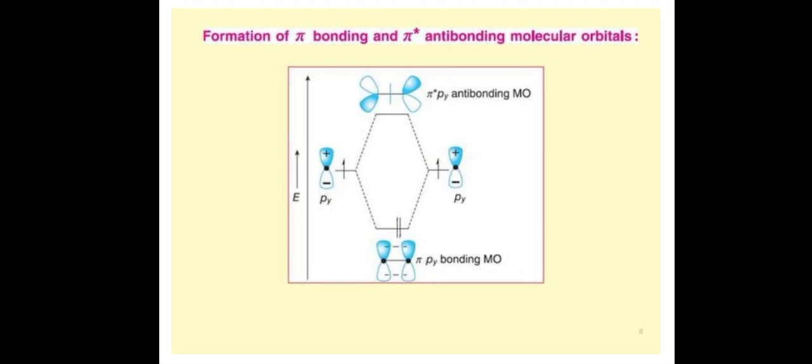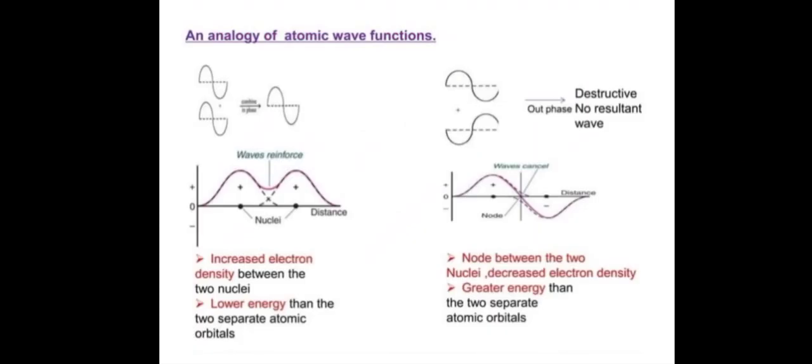Therefore, it is placed above the combining atomic orbitals, as you can see in the picture. The bonding molecular orbital is down, whereas the antibonding molecular orbital is at the top. This is a representation of one bonding and one antibonding molecular orbital formed by combining atomic orbitals py and py.